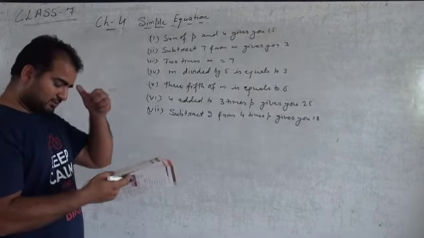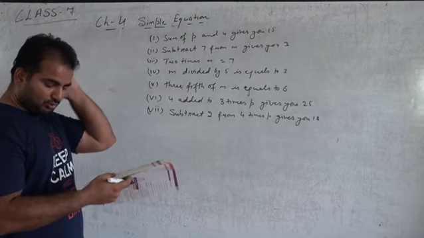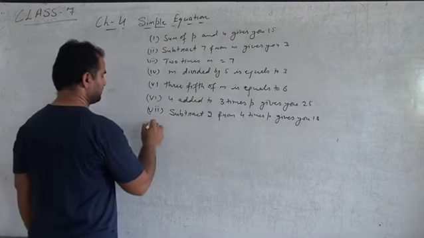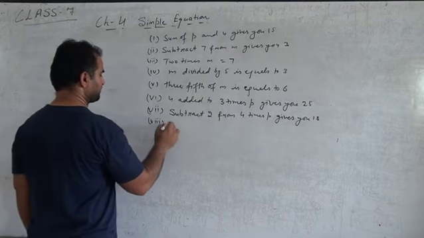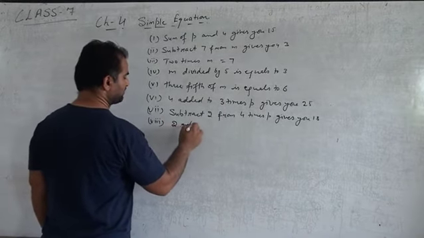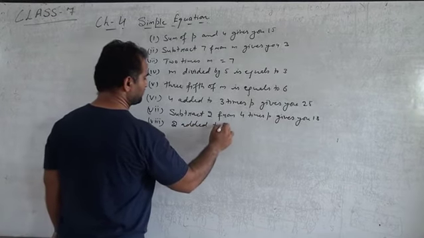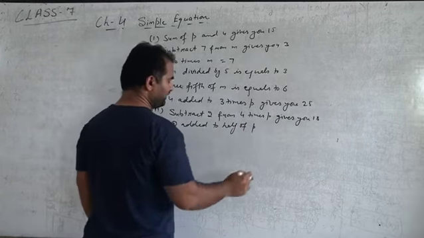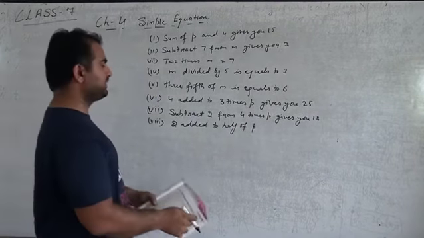And the last is 2 added to half of p is equal to 8.